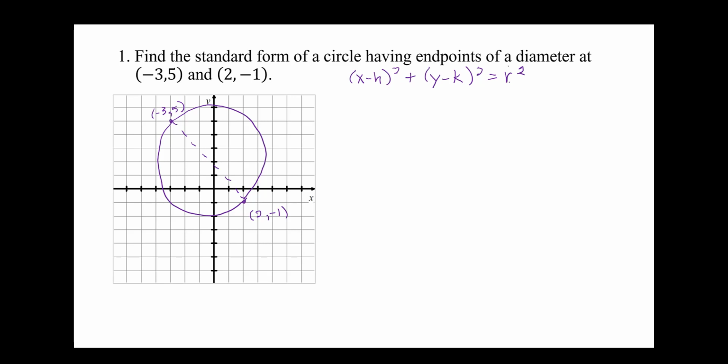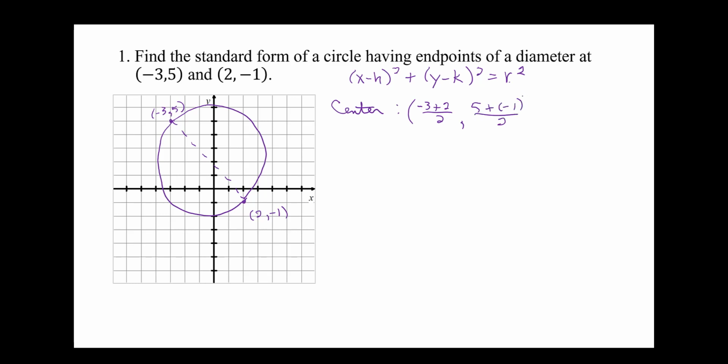So let's start by finding the center. To find the center here, basically, we just need to find the midpoint between our endpoints of this diameter. So to find the midpoint between the points (-3, 5) and (2, -1), we take the average of the x-coordinates, -3 plus 2, divide by 2, and the average of the y-coordinates, 5 plus -1, we divide by 2.